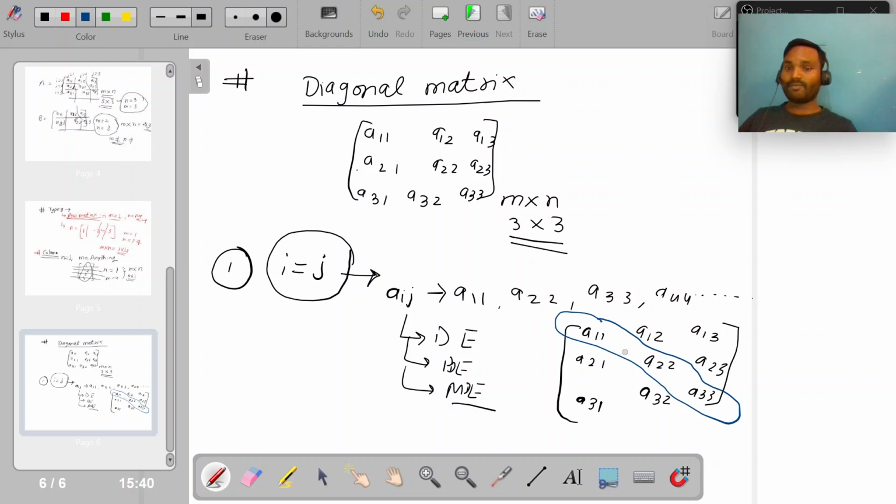This is the main diagonal, because we can say i is equal to j.